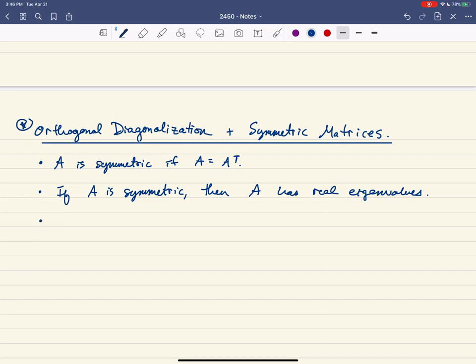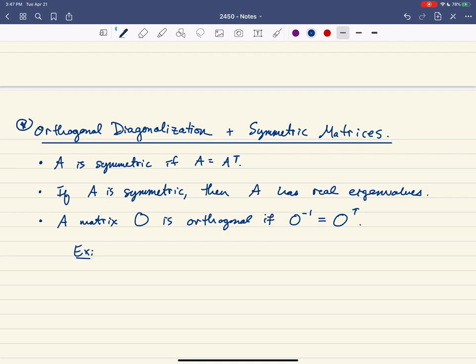Another notion I want to introduce is what's called orthogonal. A matrix, let's say O for orthogonal, is called orthogonal if the inverse of O is equal to O transpose. So for example, you could come up with some of these.